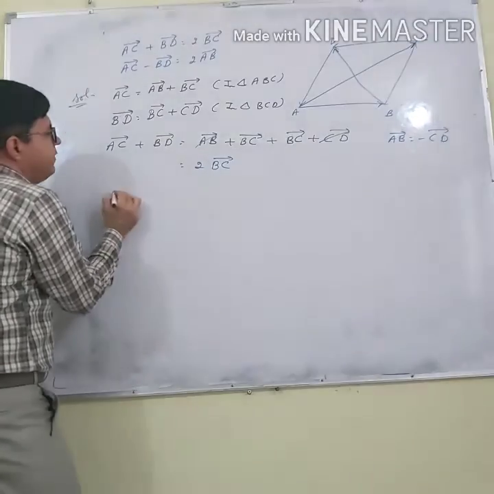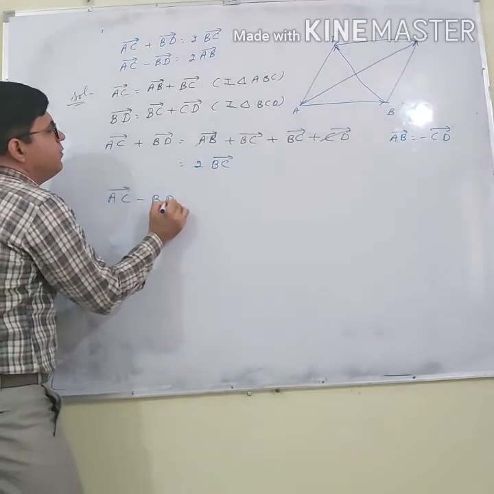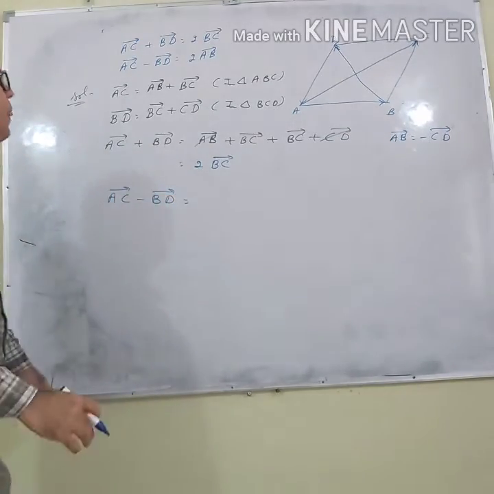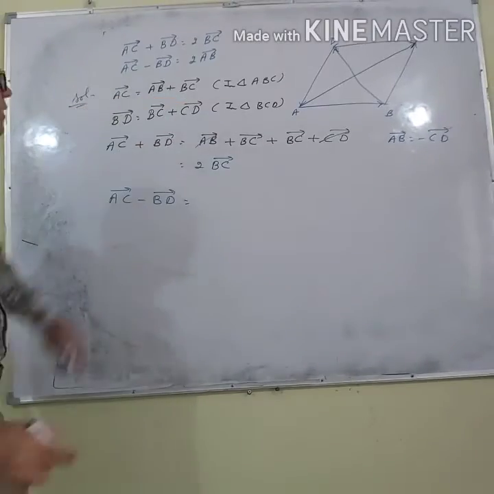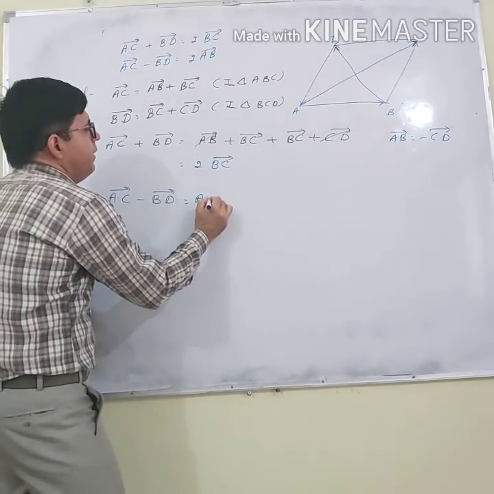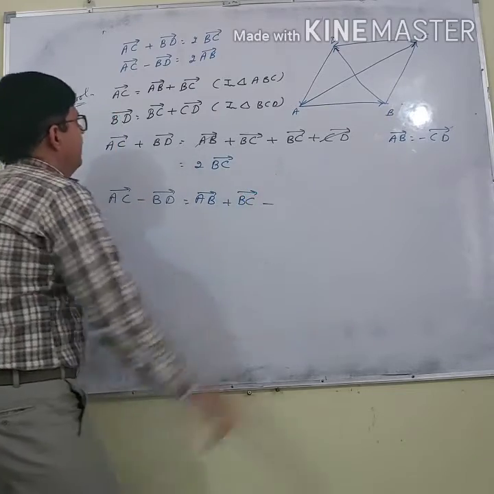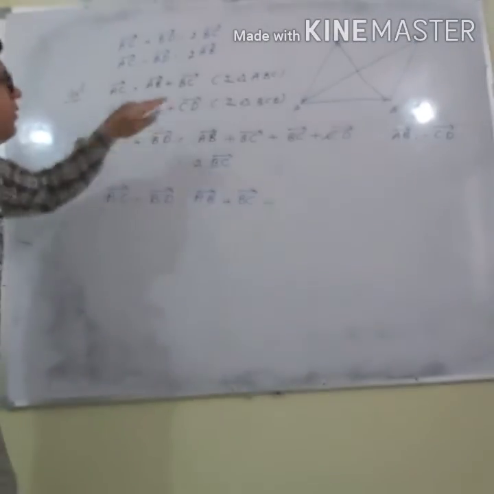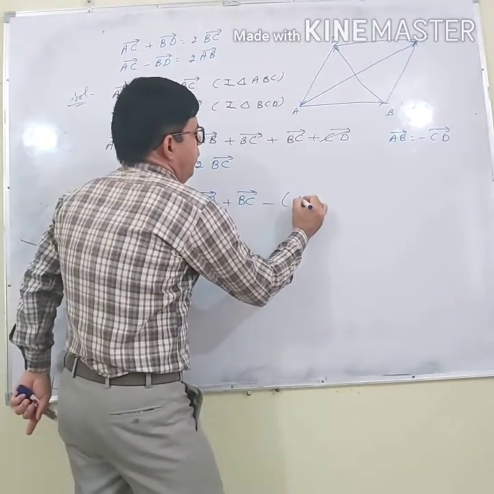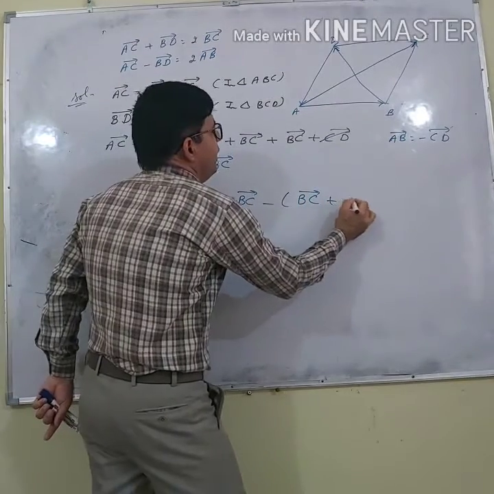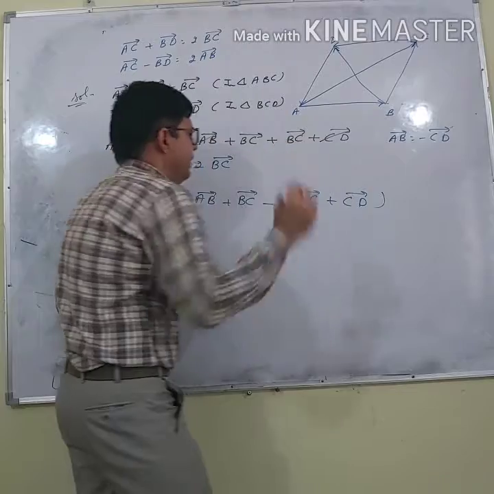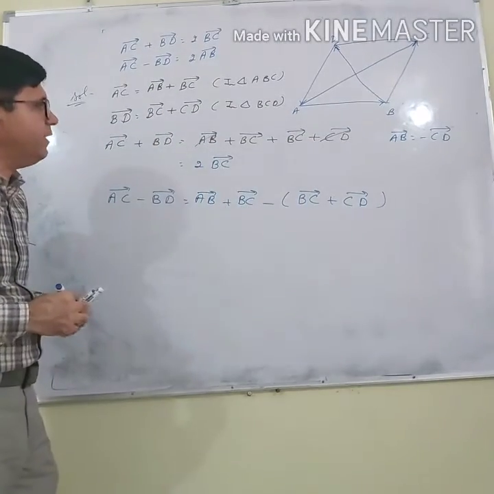In the second, AC minus BD, what will it be? Again put in the values: AC is vector AB plus vector BC, and BD is vector BC plus vector CD. Now BC can be cancelled out.